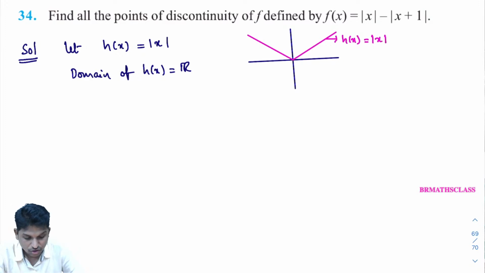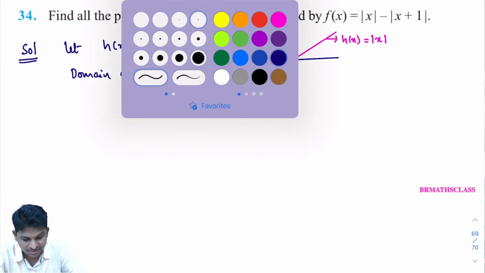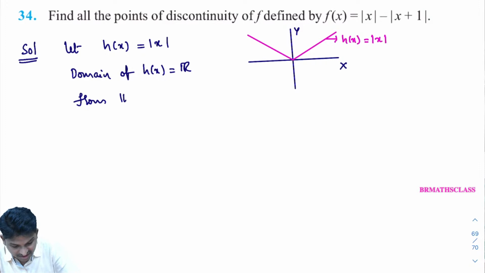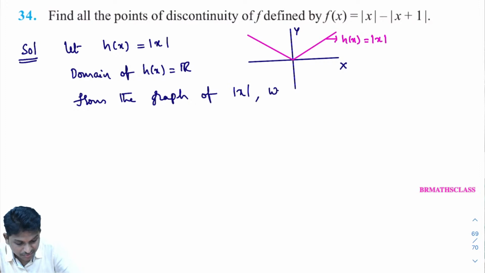Okay, you observe this graph. In this graph, is there any gap? There is no gap in its graph. So the modulus function is a continuous function. We can easily say this modulus function is a continuous function. So from the graph of mod x, what can we say?